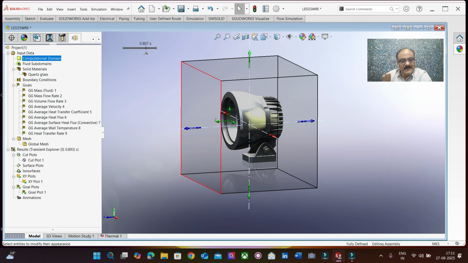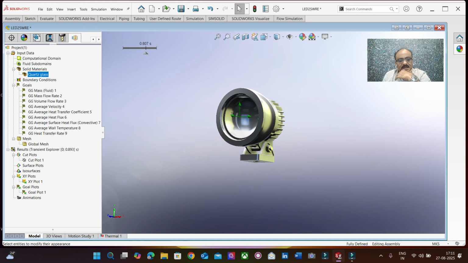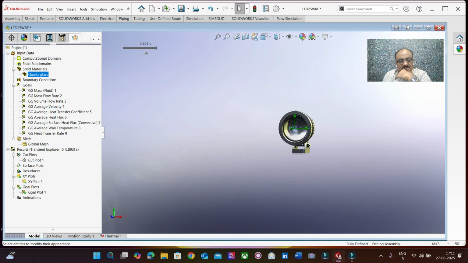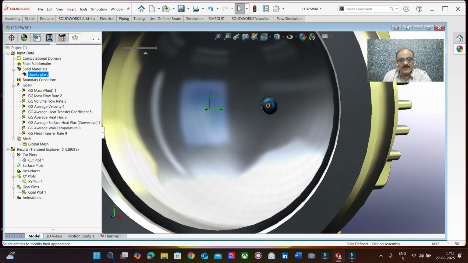Now once the point of interest is converged into this, our studies can also be inclined into this. So here I am not going to consider the external structural mechanics, or the shear forces or direct stresses that come onto the knuckle or the bolt. The solid material I am going to define for the LED bulb is quartz glass.